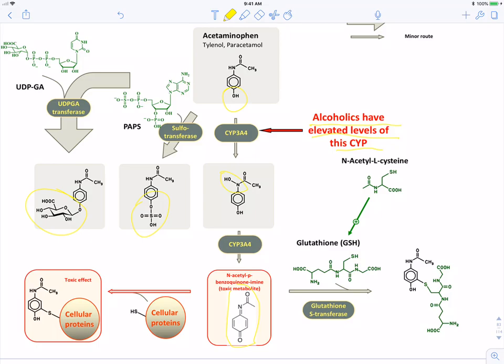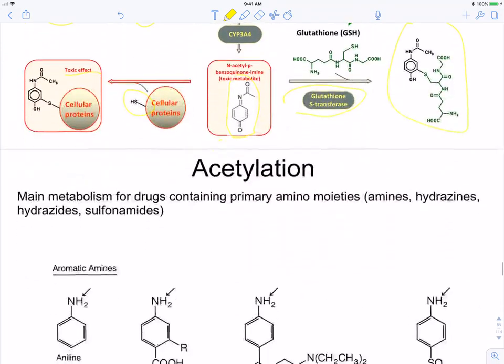The reason this is very toxic is because it's very electrophilic, highly reactive, and can react with cellular proteins to form these toxic effects. And so the net effect will be liver damage. So overdose by acetaminophen can actually lead to liver disruption, and that is lethal, and the only cure for that will be a liver transplant. Luckily, this adduct can be destroyed by glutathione through action of glutathione S-transferase and result in a non-toxic metabolite.